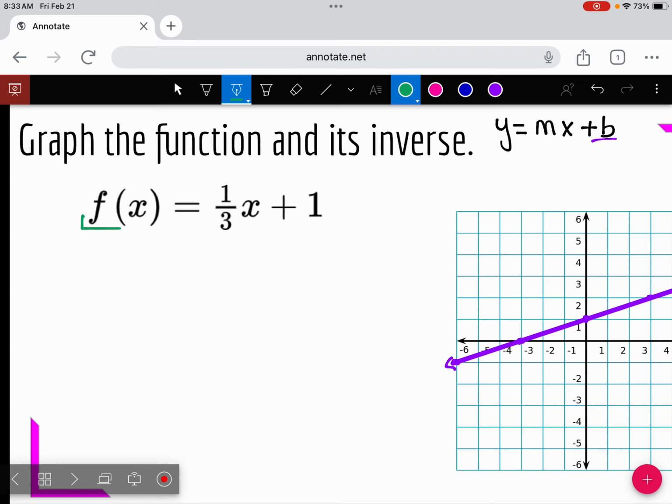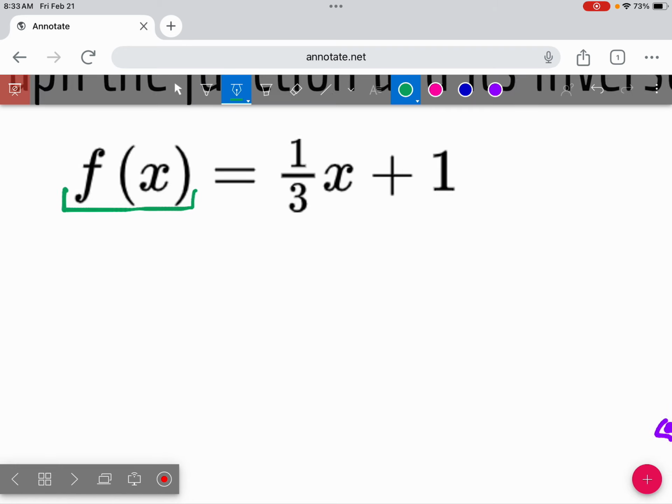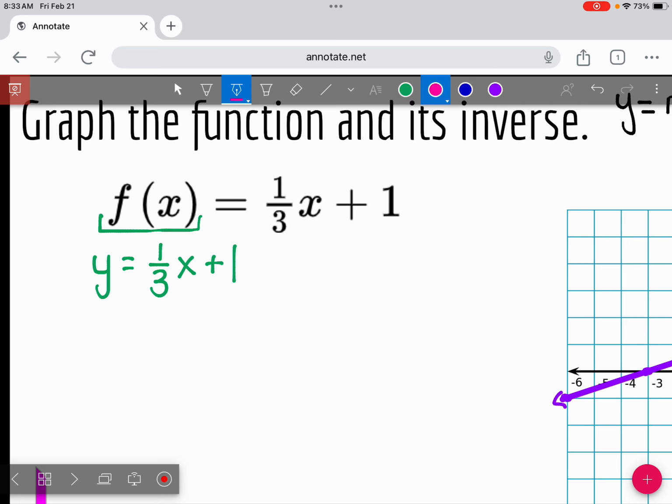I need to swap out my f of x to be a y. That should be our first step every time. Whatever our function is, switch our function notation back to our algebraic. Put it back with a y. Do not make it harder for no reason. It doesn't make it better, it just makes it harder.